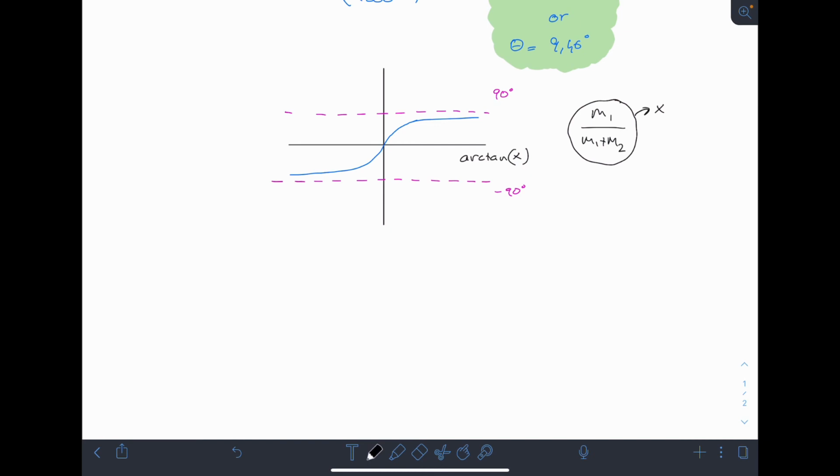So let's do a little thought experiment as m1 or m2 reaches infinity, and then write it as mathematical expressions.